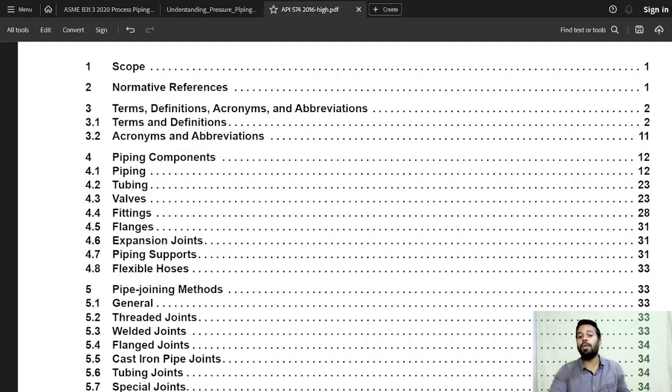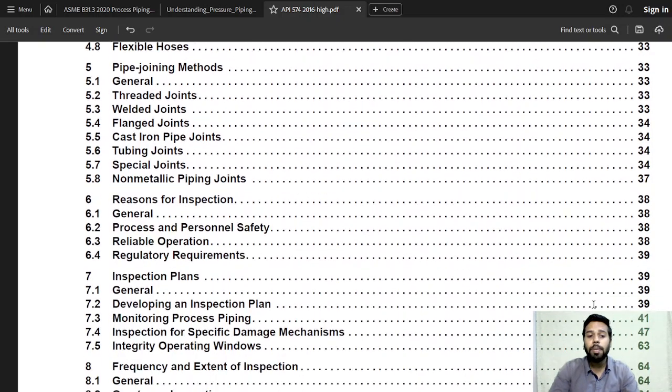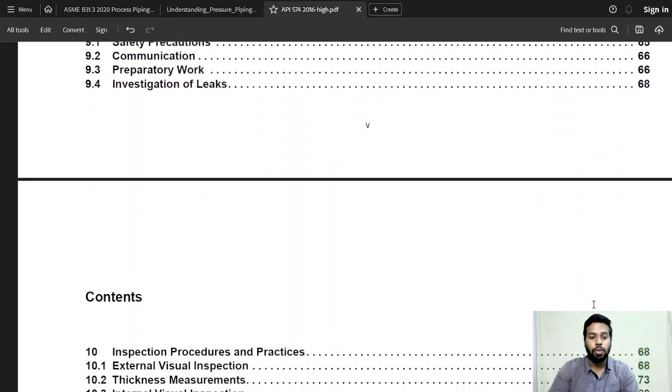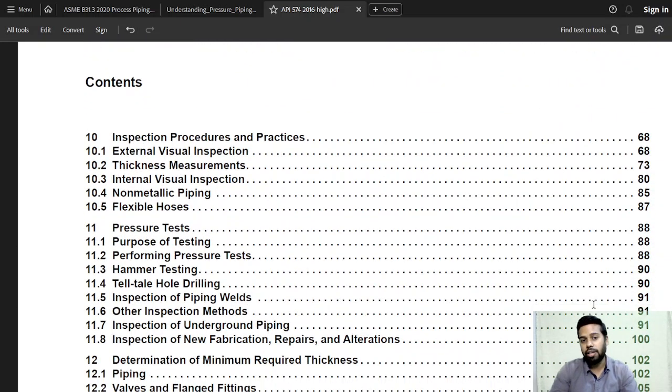Few sections, particularly Section 10, which covers the inspection procedures, are going to be much more important. Section 10, the inspection procedures and practices, is one of the most important sections of this code. It is almost 15 pages, while most of the sections, that is 1, 2, 3, 4, 7, 8, 9, 11, are about one or two pages long.